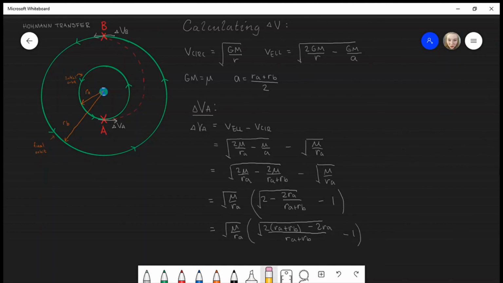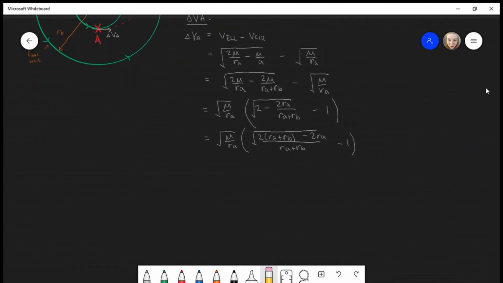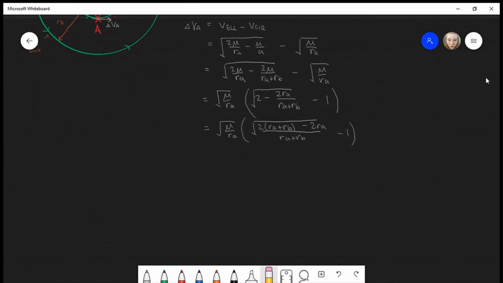I'm just going to move the page down so we've got more space. Simplify the brackets again. Expand out the top and then just cancel it down if there is any cancellations.